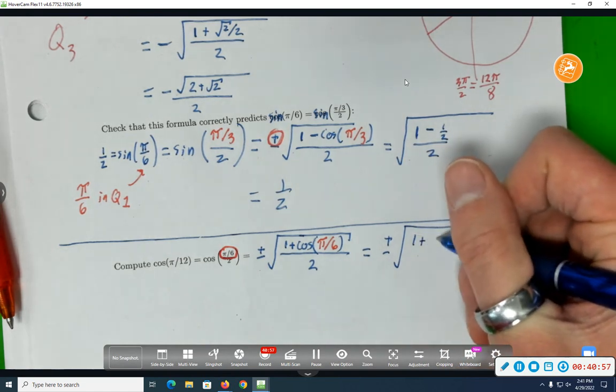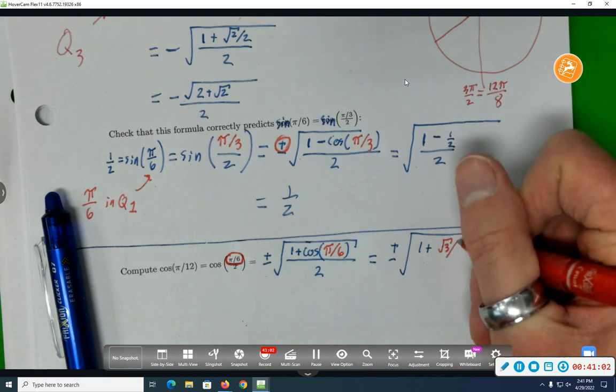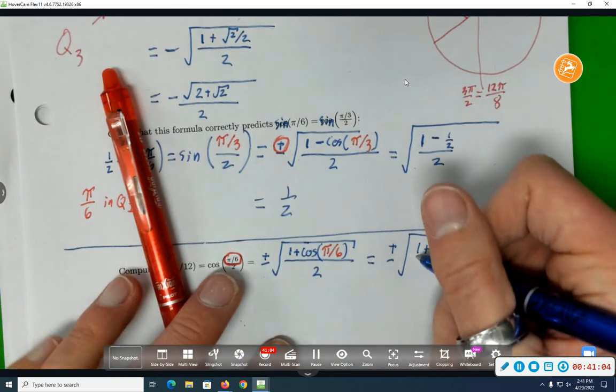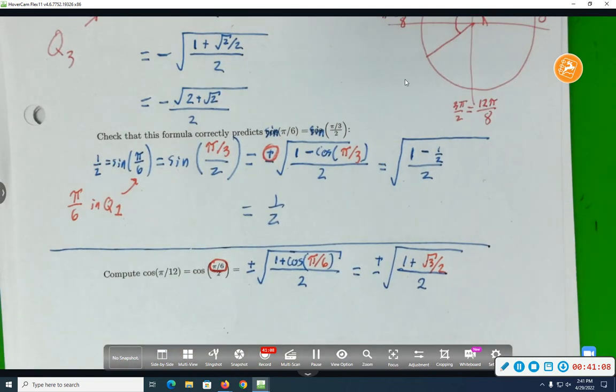1 plus root 3 over 2, over 2. Let's deal with the plus or minus sign. In fact, let's just ask you about the plus or minus sign. Should it be plus or minus? Plus, because this angle is in quadrant 1.